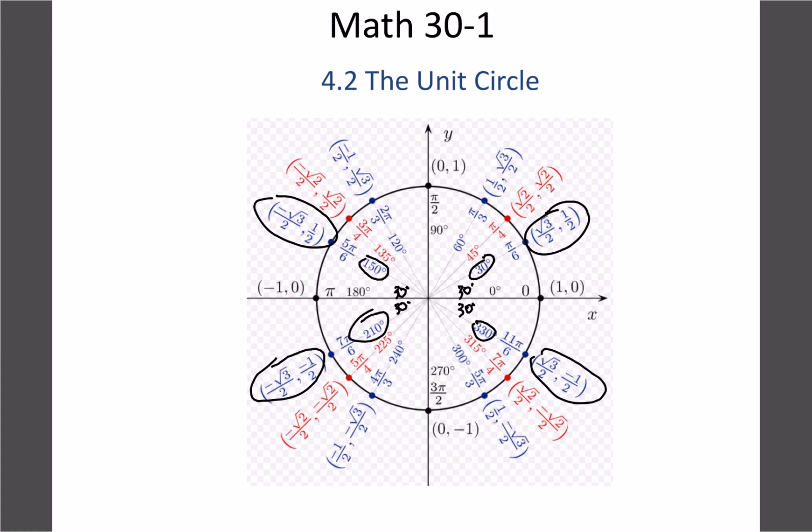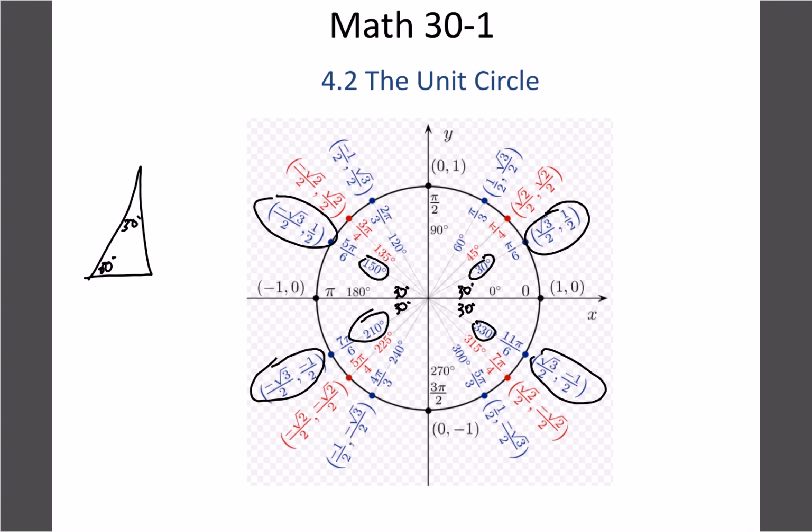If we look at the red ones, the 45-degree ones, you can see they're all the same as well, but positive and negative. And for 60, same thing again, positive, negative. And you can see 30 and 60 are the same numbers, just reversed, because a 30-60 triangle is kind of the same. Just depending on your reference point, one is opposite over hypotenuse for one side.